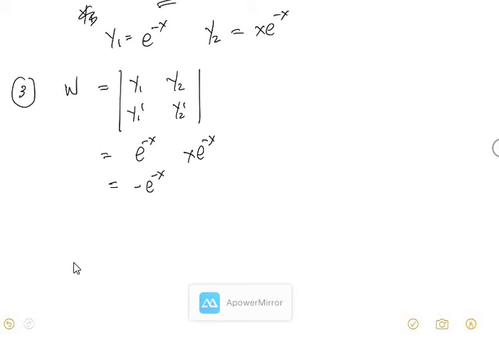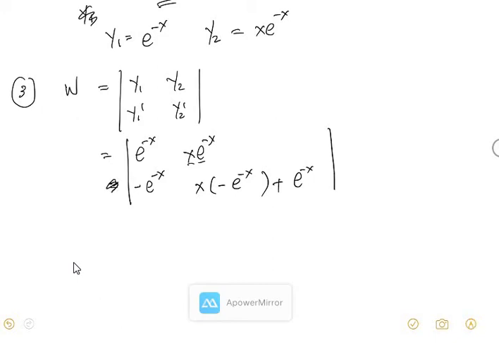The third step is to find the W. W is the determinant of y1, y2, y1 prime, y2 prime. So y1 is exponent negative x, y2 is x exponent negative x. Y1 prime is the derivative of y1, you get negative exponent negative x.